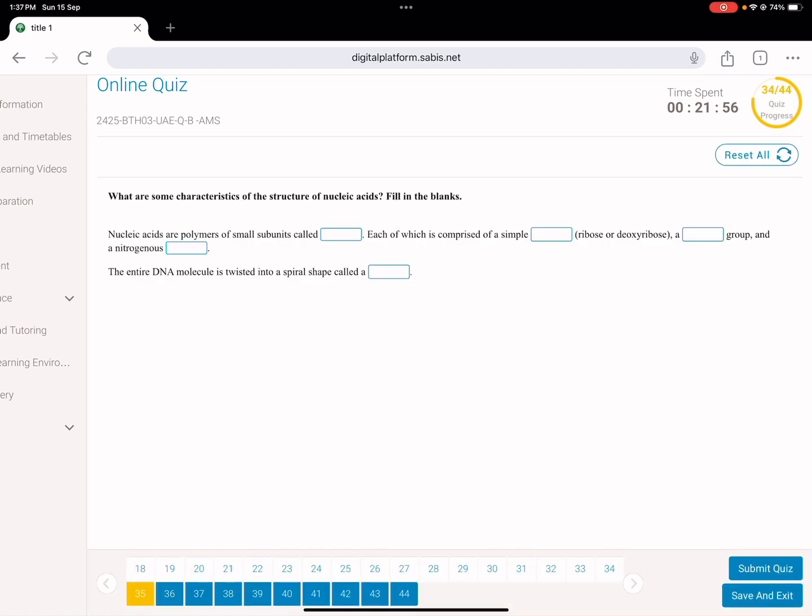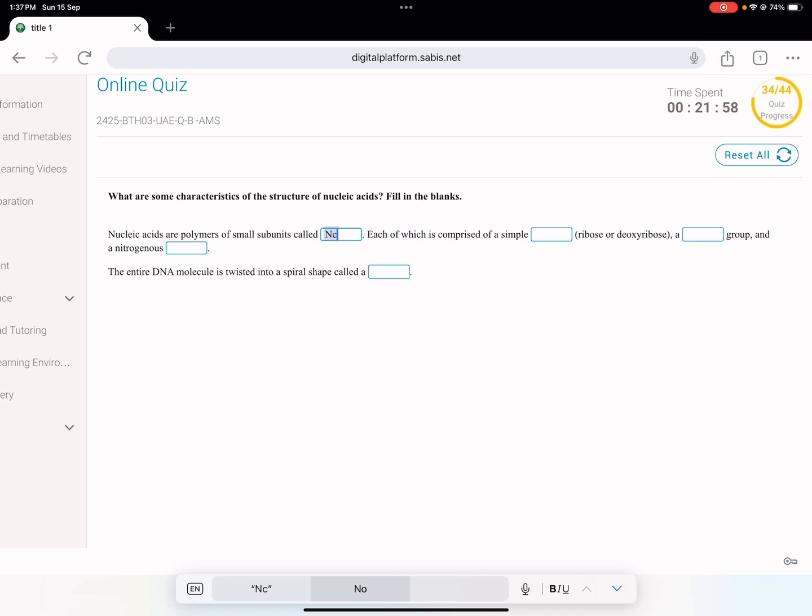Nucleic acids are made up of nucleotides, and they're composed of a simple sugar, a phosphate group, and a nitrogenous base. And what is the shape of the DNA? We say the shape of the DNA is called a double helix.